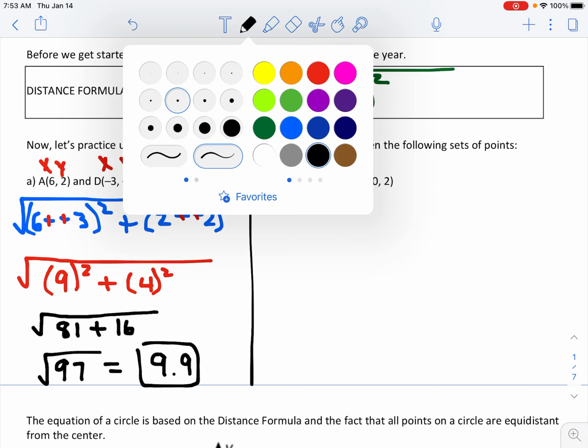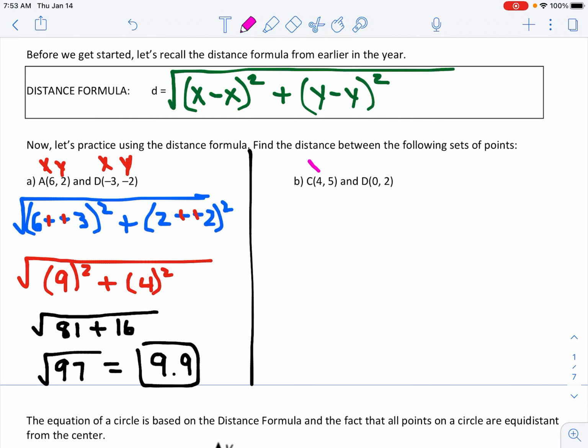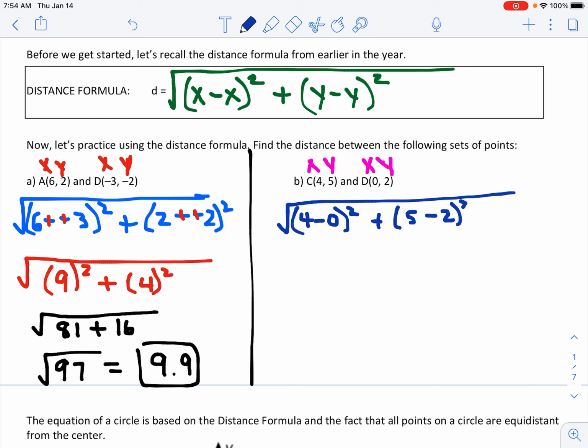All right, let's do another one. I'm going to label my x, y, and stay with my pattern. Let's plug this into our distance formula. So x minus x: 4 minus 0 squared, plus, let's start with that y since we started with the x there, 5 minus 2 squared.